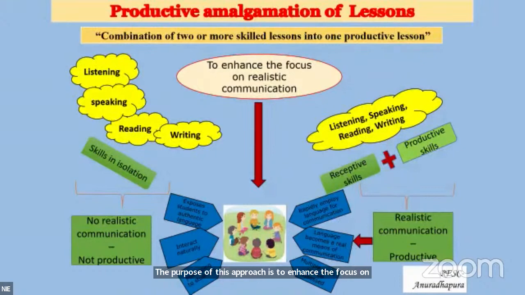The lessons found in many language textbooks are basically based on one particular language learning skill. Hence, only one language learning skill is developed and the opportunity for real communication for students is minimized. Such lessons are not productive, especially the lessons on receptive skills.